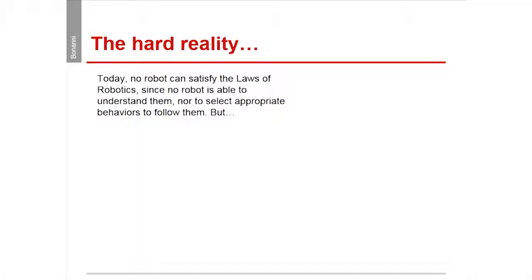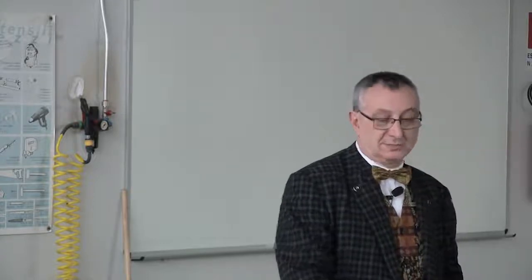The hard reality is that no robot can satisfy these laws, because no robot up to now is able to understand what these laws mean, and even if they could understand, they are not able to detect the right action to follow them. But we have a lot of robots.